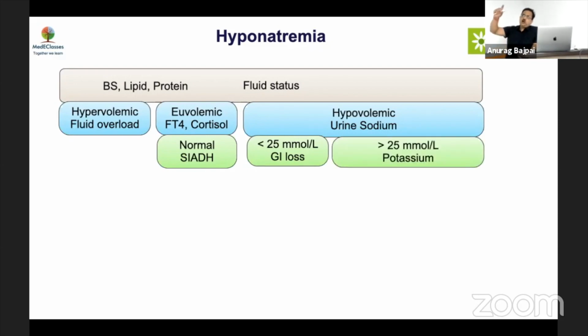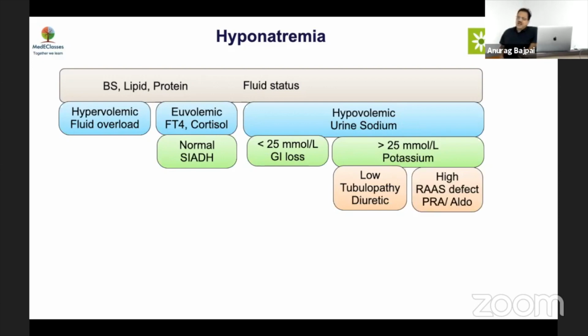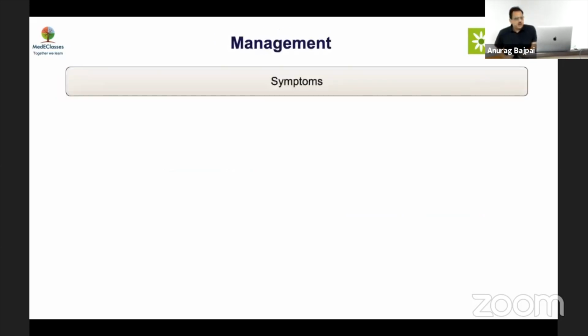So you have got hypovolemia with renal loss of sodium and your potassium is low. So this is only tubulopathy and diuretics. On the other end, if the potassium is high, then the diagnosis becomes more complicated. You do renin, aldosterone, and then you carry on from there. So most pediatricians will probably be looking at fluid overload, most likely SIADH, maybe thyroid deficiency, GI loss, and maybe here. This becomes an exclusive endocrine domain. Further workup is required from that.